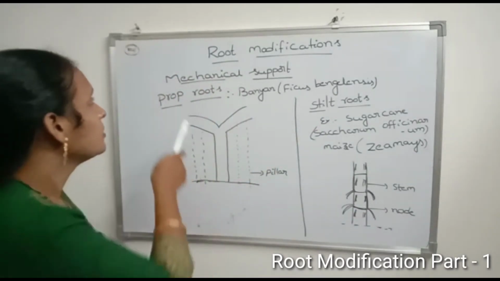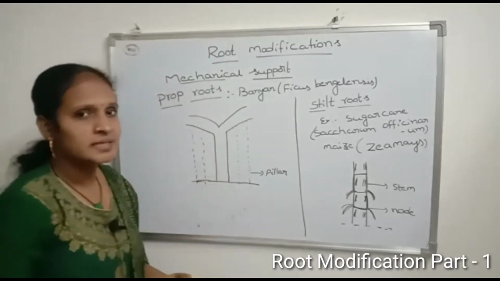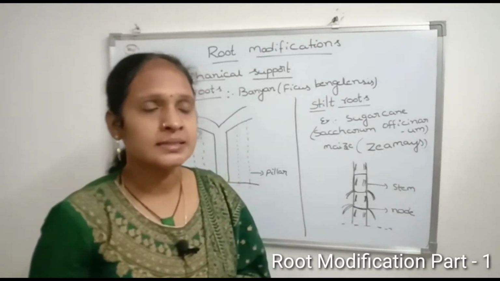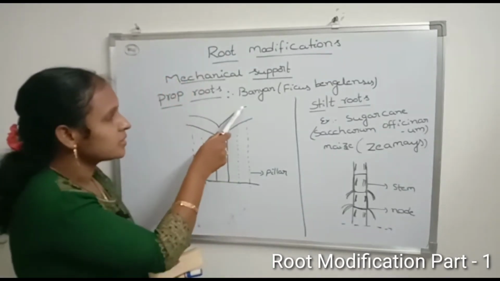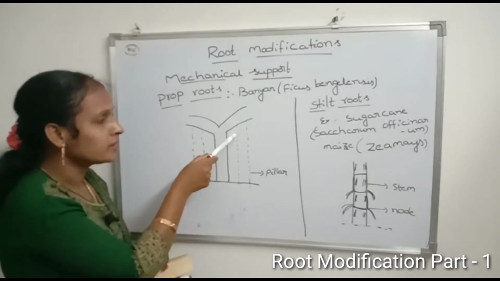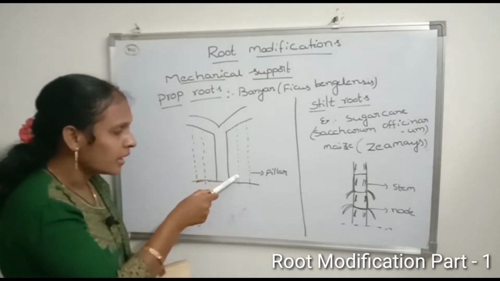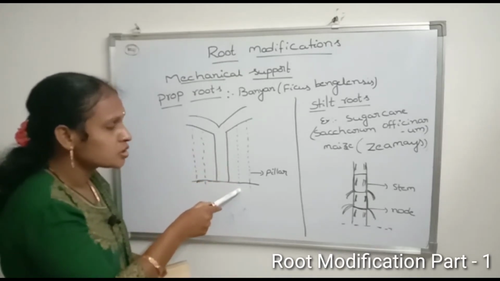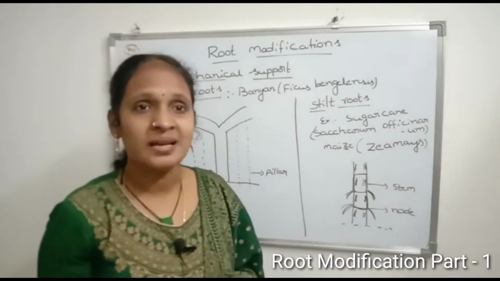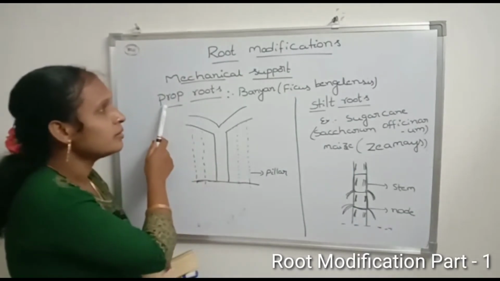Once again, mechanical support: prop roots and stilt roots. Prop roots, for example the banyan tree, Ficus bengalensis. In the banyan tree, the branches are very fat and thick. They have aerial hanging structures that appear in the air and directly penetrate into the soil. These hanging structures act as pillars and give mechanical support to the plant.